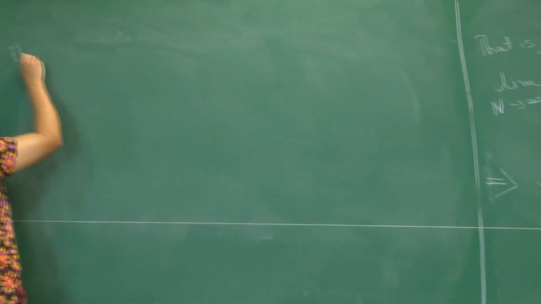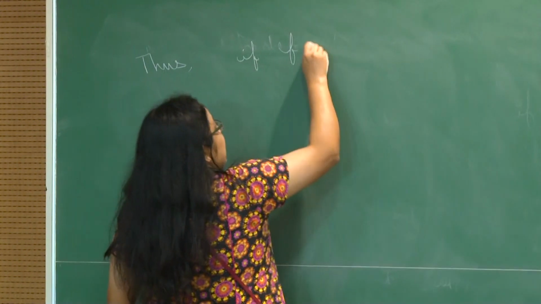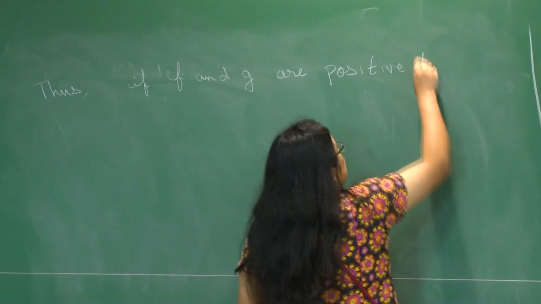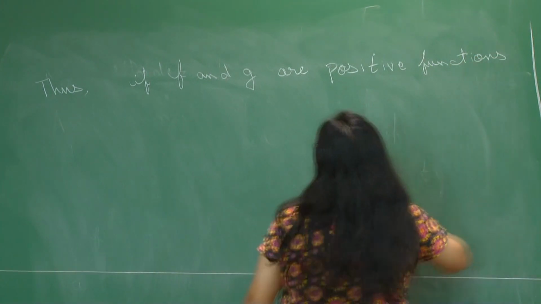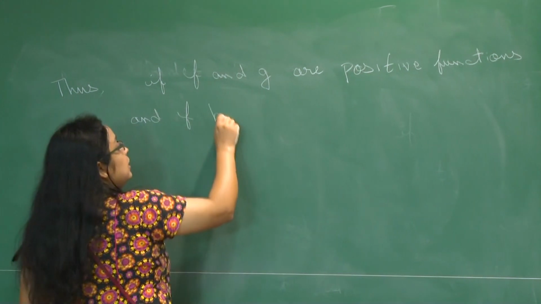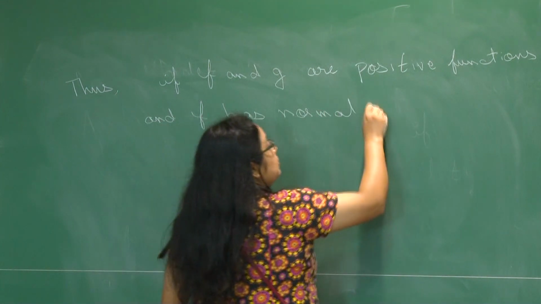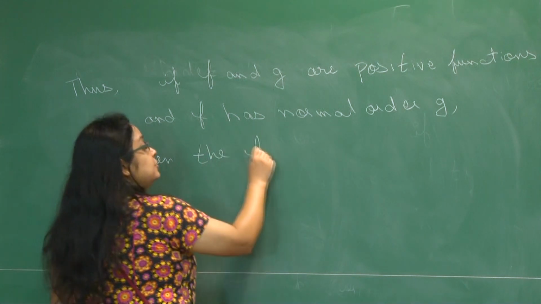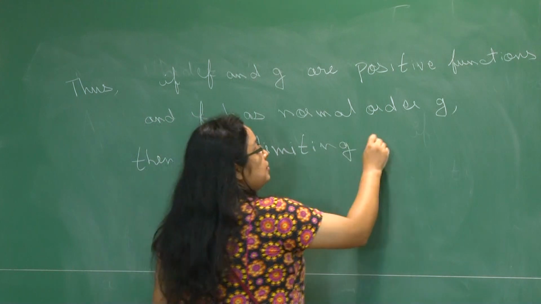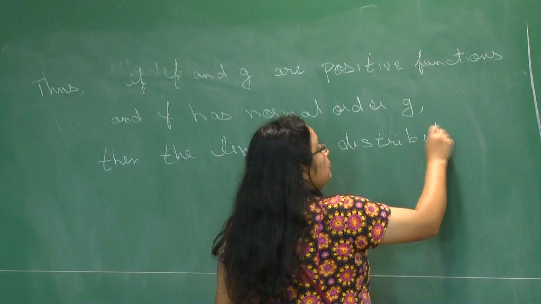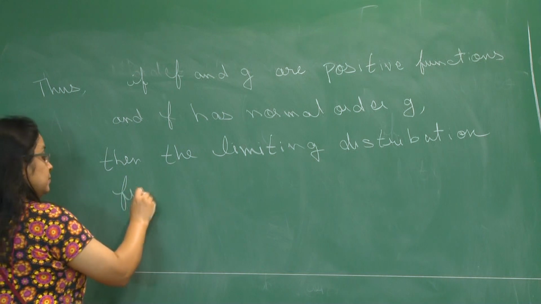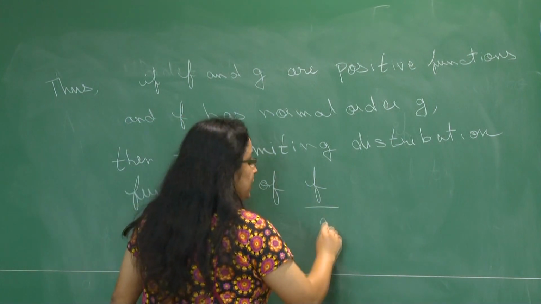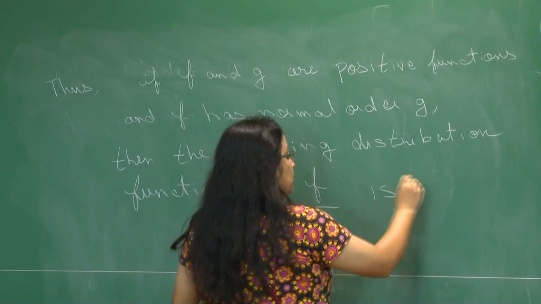So, thus, if f and g are both positive functions, and f has normal order g, then the limiting distribution function of f by g is the indicator function.